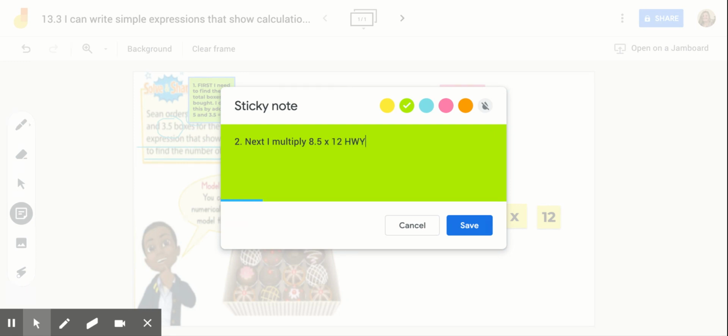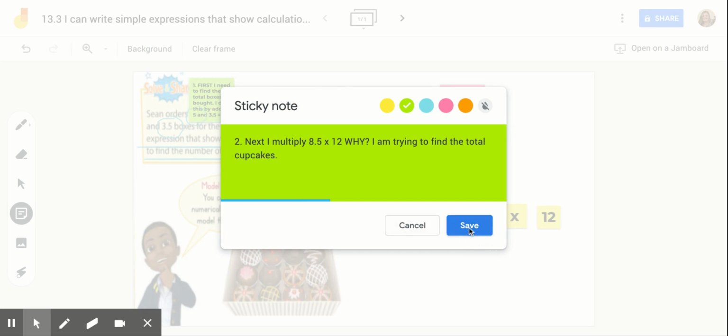But why do I do this? I do this because I am trying to find the total cupcakes.